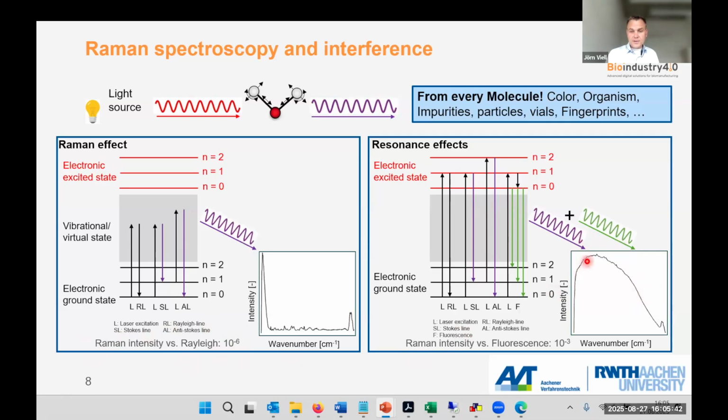Here you see loads of fluorescence and only very, very tiny peaks of the Raman signal on top of it.